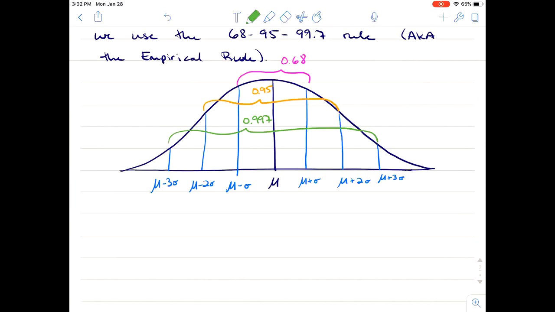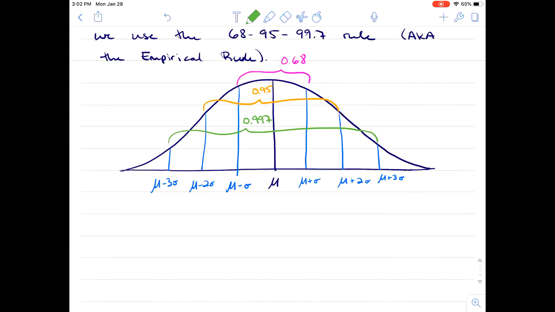So that means we've got 0.003 left over, because it has to total 1. That 0.003 has to be split evenly amongst the 2 tails. So each of these tails only has 0.0015, or 0.15%. It's really, really small. So between here and negative infinity, there's only a 0.15% chance, or 0.0015 probability. Same thing on this end.